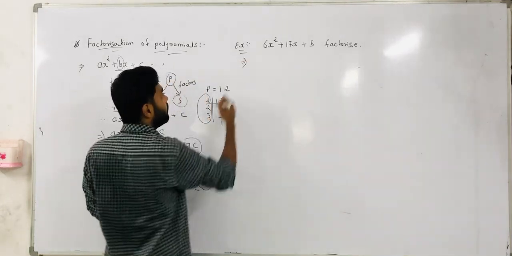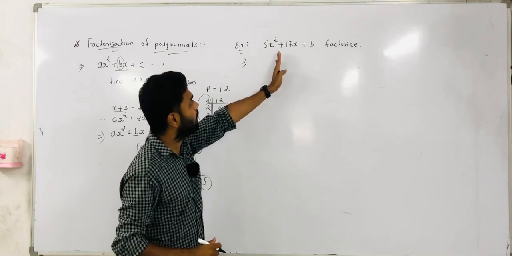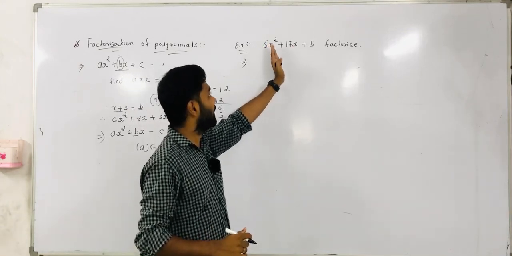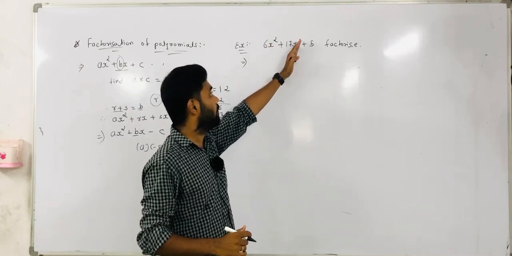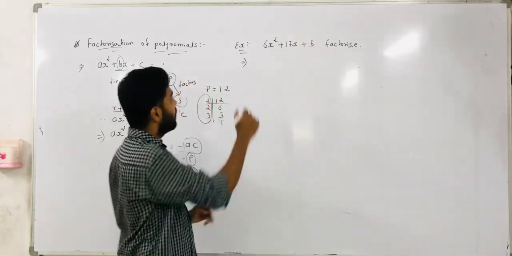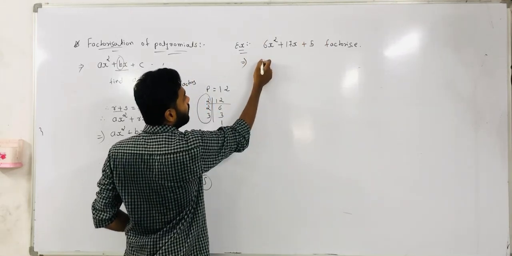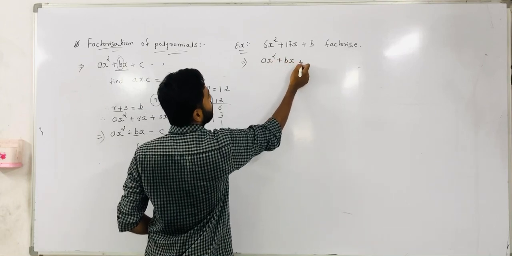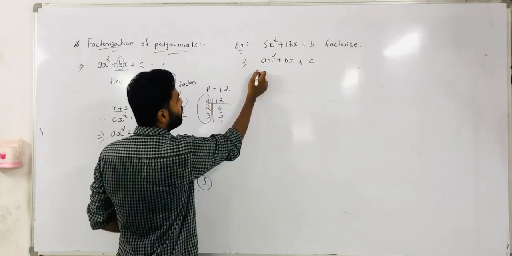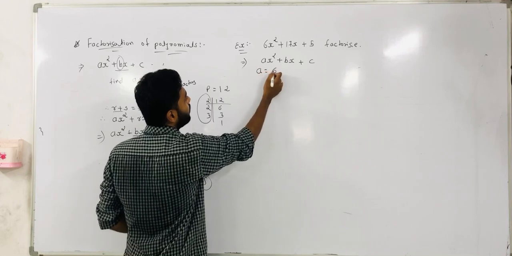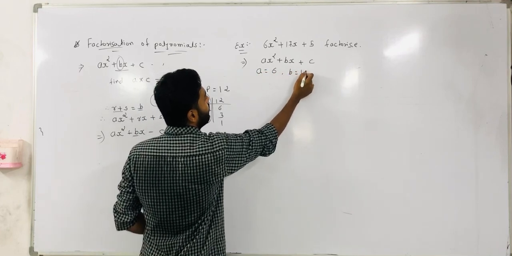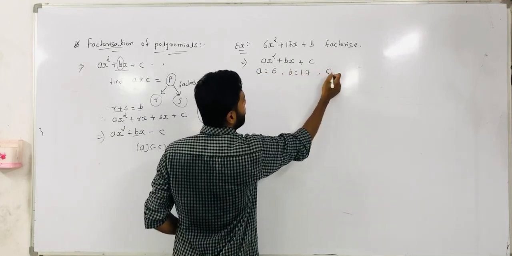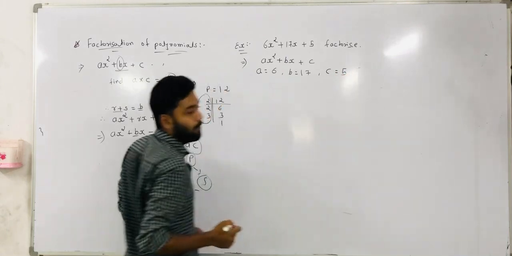So from this polynomial, first of all find the coefficient of x square, the coefficient of x, and the constant term. If you compare this with ax square plus bx plus c, then what you will get? a equal to 6, b equal to 17, and c equal to 5.